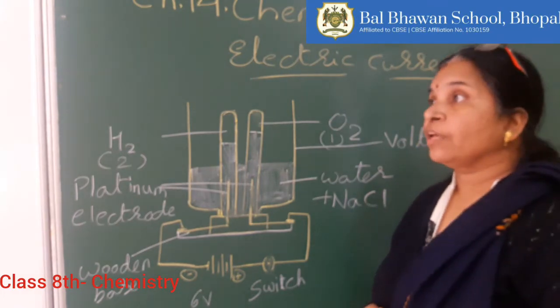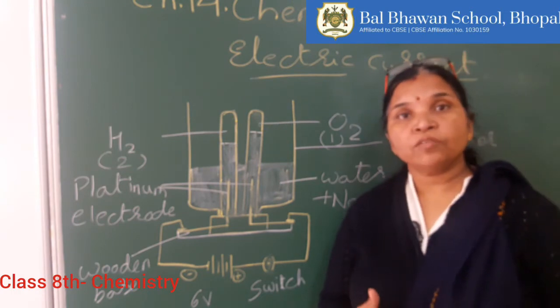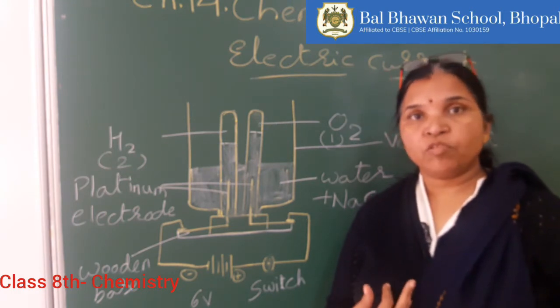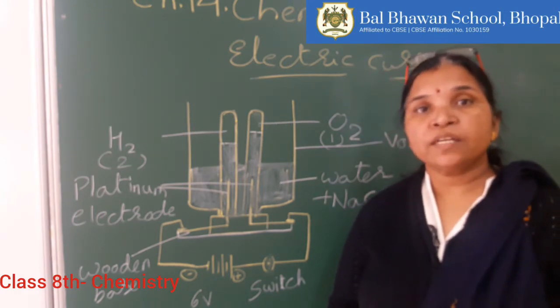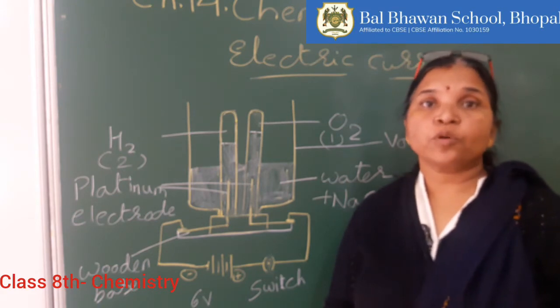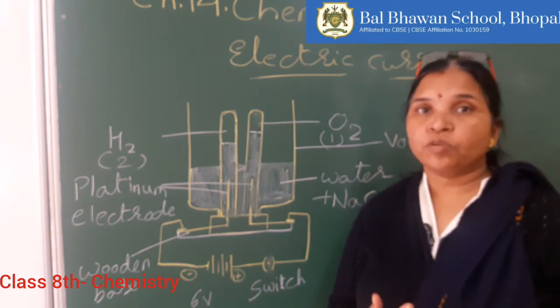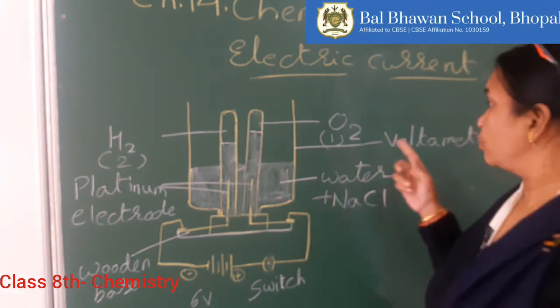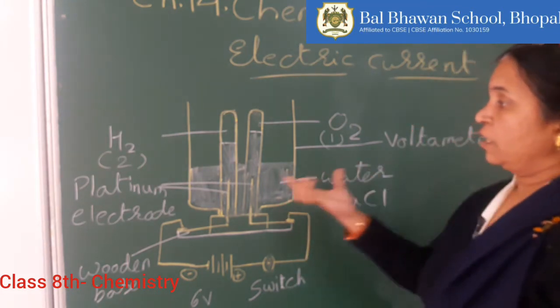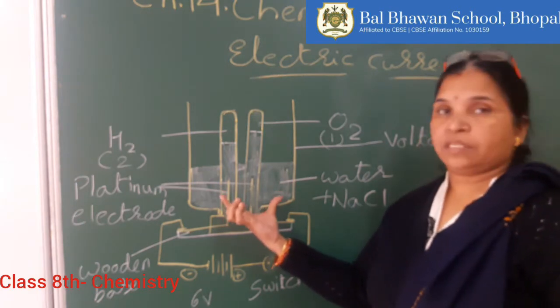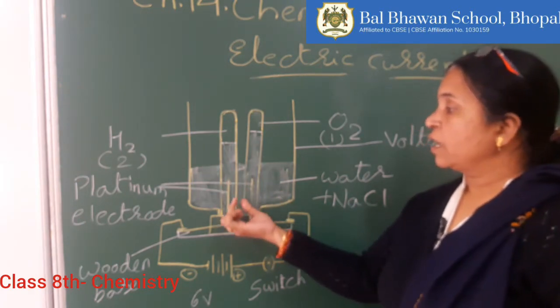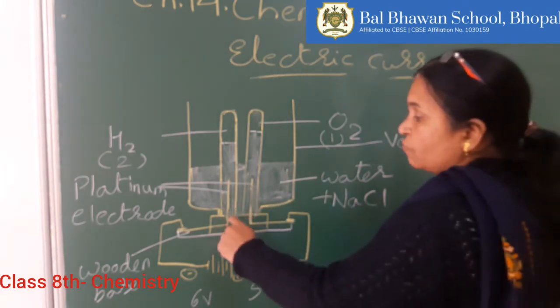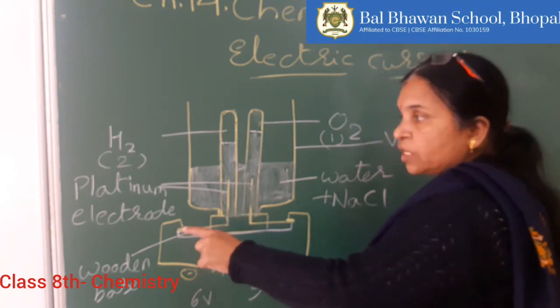Now when we are trying to find out about the electrolytes, we need to understand this process. This process is known as electrolysis. For this electrolysis process, today we are going to use a voltameter. It's a simple apparatus having a beaker, and in this beaker we have fixed two electrodes.